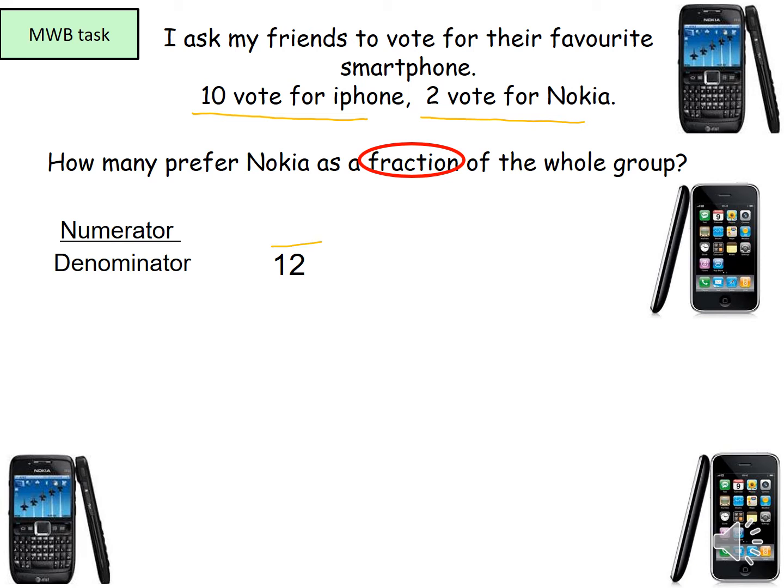In the numerator we put how many people chose Nokia, and in this case 2 people chose Nokia, so our fraction is 2/12. That is not our final answer. We must simplify this fraction. I'm going to divide by our highest common factor of 2 on top and bottom, and then I end up with 1/6.